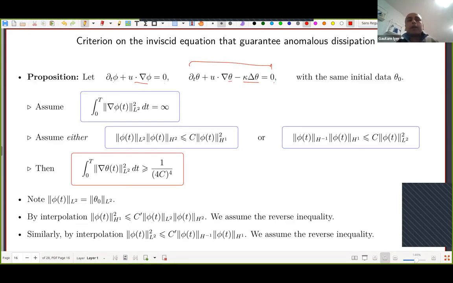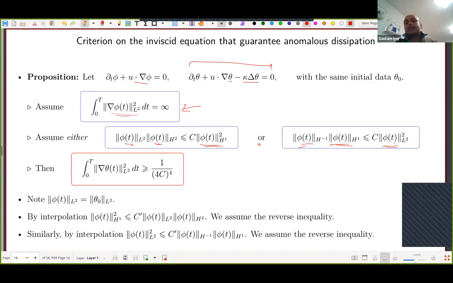My upfront assumption has to be that the integral of the H1 norm square of the inviscid equation has to go to infinity. And my second upfront assumption has to be either the product of the L2 norm times the H2 norm of the inviscid equation is bounded above by the H1 norm square, or alternately, the product of the H minus 1 norm and the H plus 1 norm is bounded above by the L2 norm square.